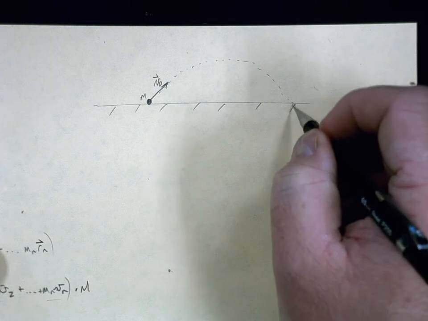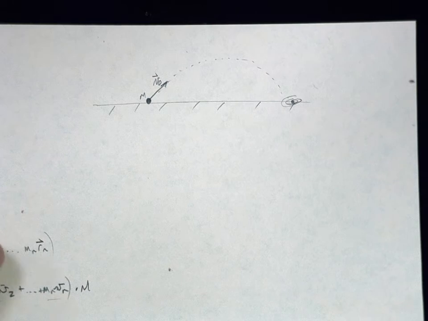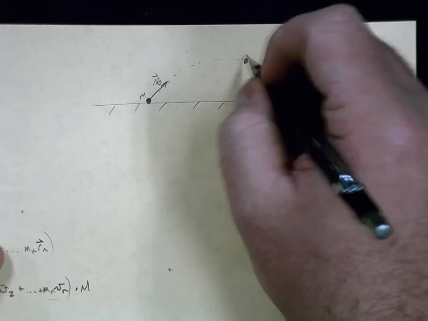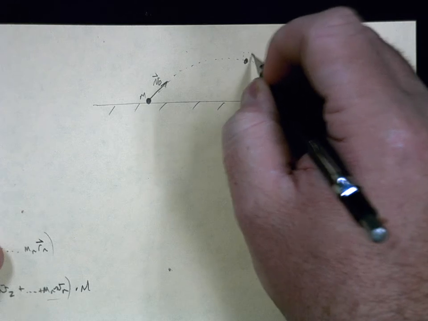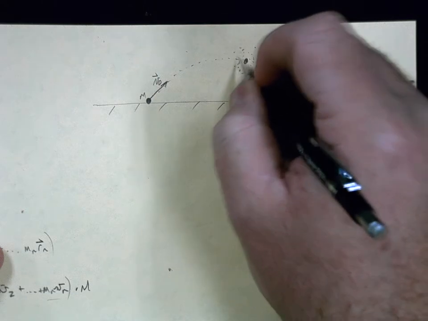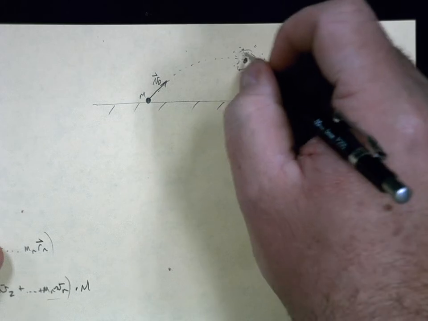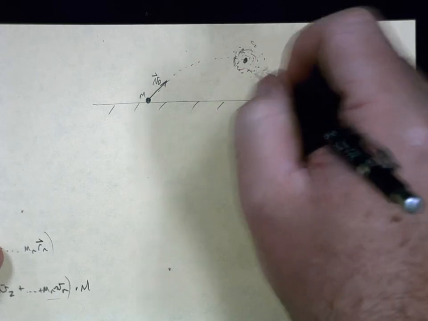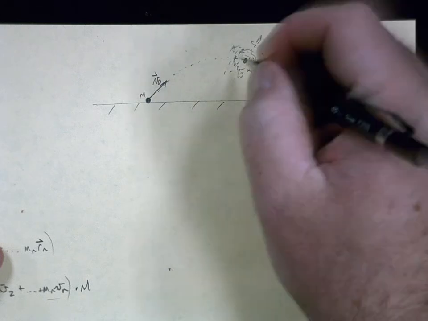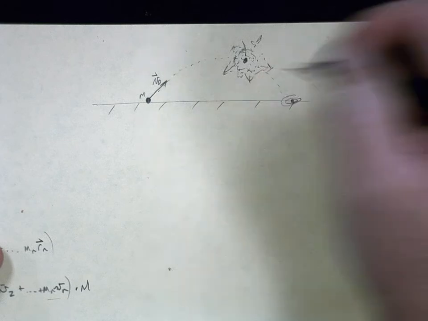If we're trying to hit this target right here, and the bomb bursts in mid-air, we're going to start getting shrapnel all over the place, with these various layers of explosions going out. Some pieces are going that way, some are going up, some are shooting out forward, some are going straight into the ground.